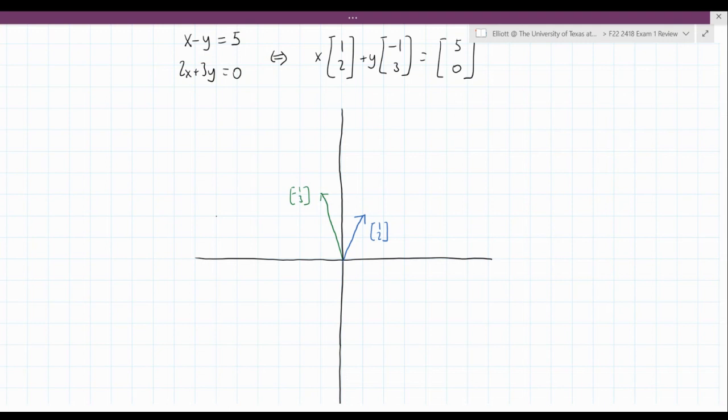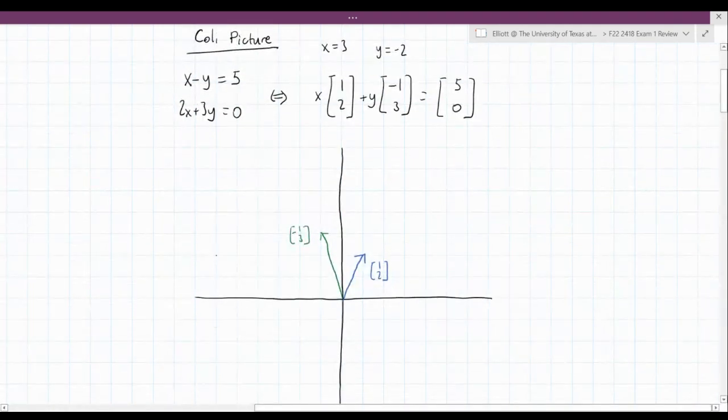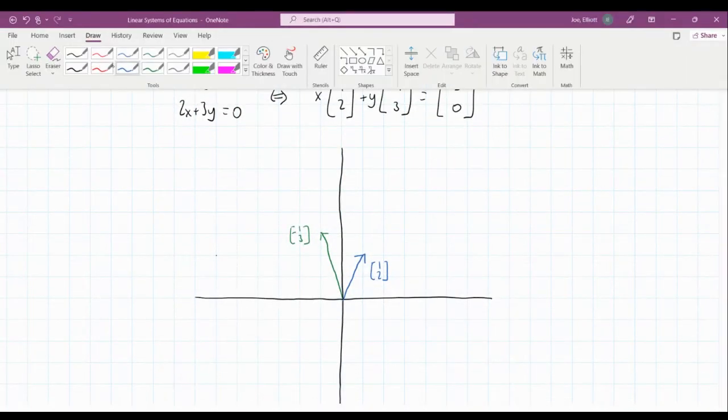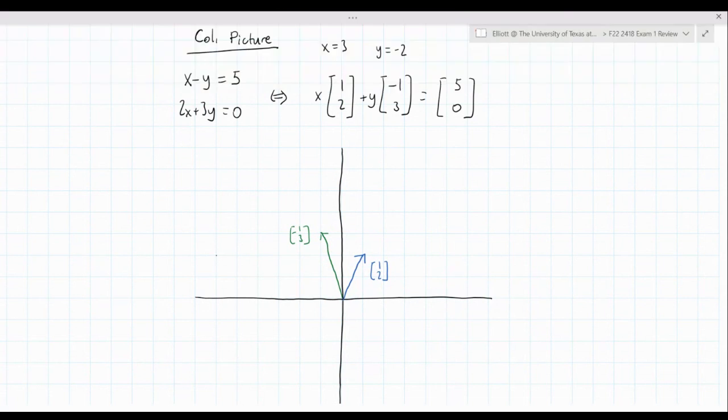Okay, so next in the column picture, what you want to do is use the solution that you found for this next part. So we found that x is equal to 3, so what I'm going to do in my picture is multiply 1, 2 by 3. So that takes me all the way out to here. So this is 3 times the vector 1, 2 now.